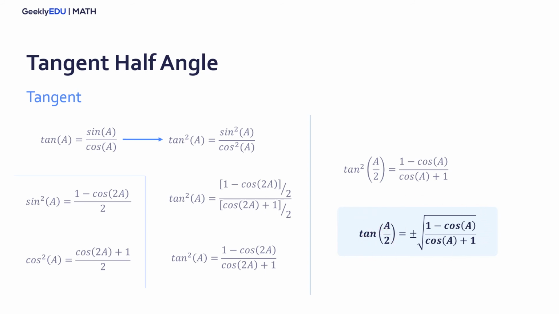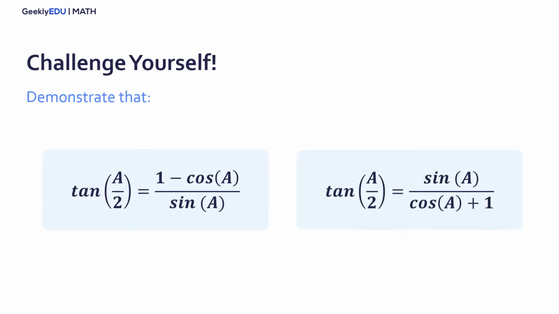It's pretty easy, right? And now I have something for you to think about. I want you to challenge yourself. Here I have two other formulas to calculate the tangent of half an angle, which are 1 minus cosine of a over sine of a, and sine of a over cosine of a plus 1.